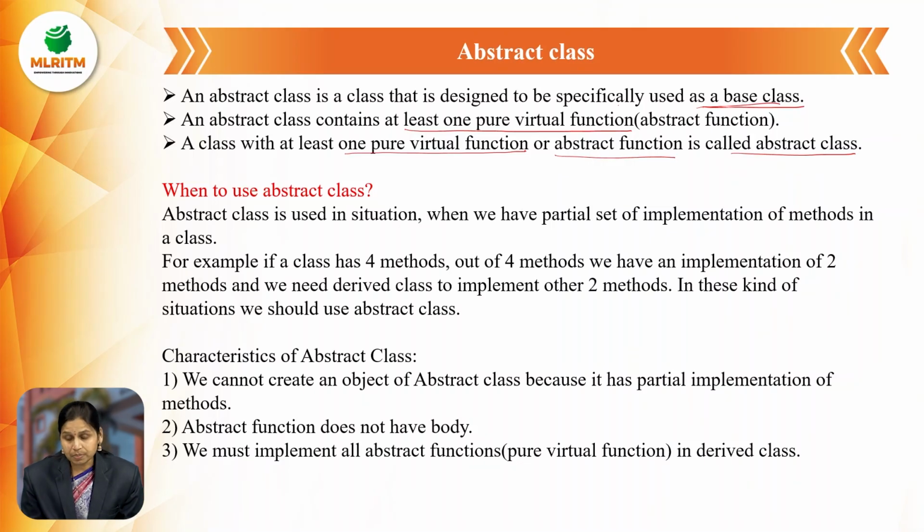So, when to use an abstract class? An abstract class is used in situations when we have a partial set of implementations of methods in a class. For example, we declared 4 methods in a base class, but we have defined only 2, and the remaining 2 we have to define in the derived class. In that case, we have to use abstract classes.